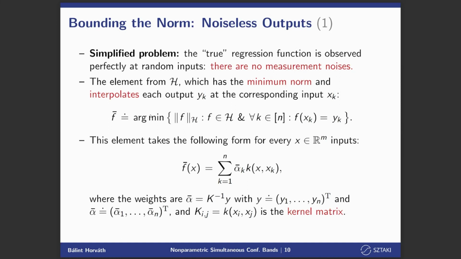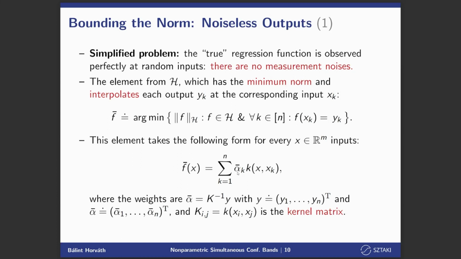So since we are in this space, we can construct this f bar function, which basically interpolates these noise-free outputs. As you can see, for every single x input, it interpolates these points perfectly. And why is this function special? Because we chose it in a way that it has the minimal norm.